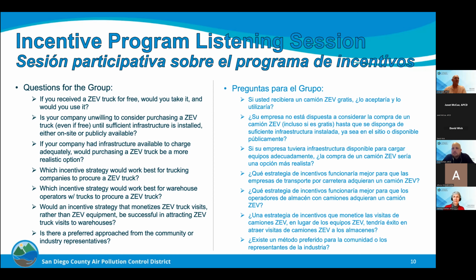Real quick on that note, one of the things we've heard a lot about as this zero emission truck technology continues to grow is the trucking as a service model.